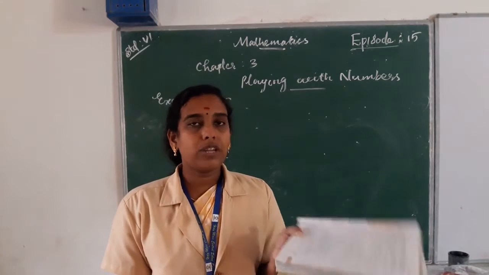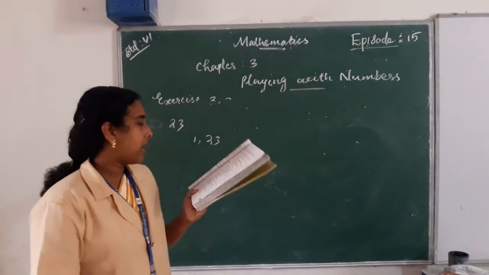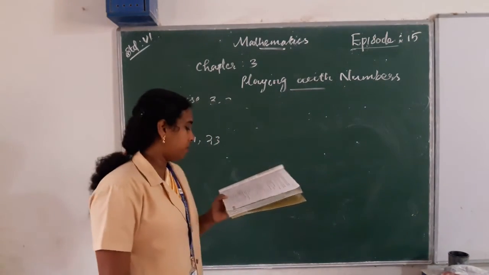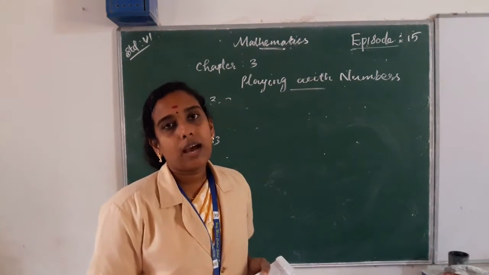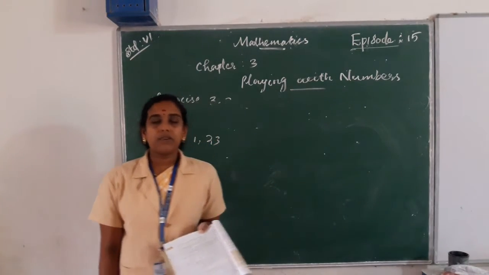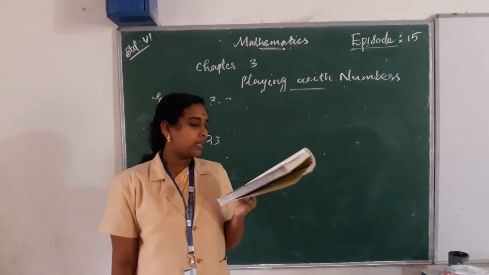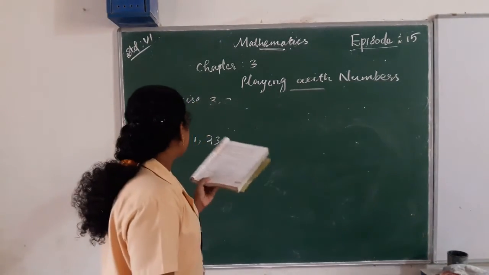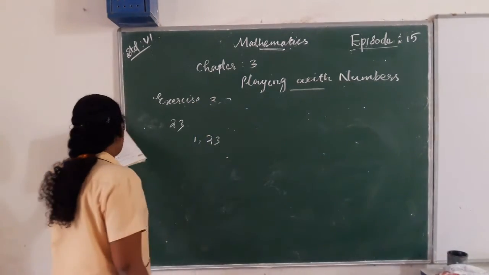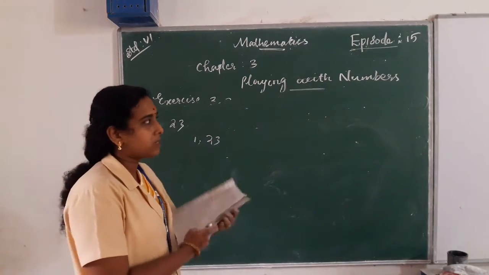And 51 is not a prime number. The factors of 51 are 1, 3, 17 and 51. So 51 has more than 2 factors, so 51 is not a prime number. And the third one, C, is 37. 37 has only 2 factors, that is 1 and 37.